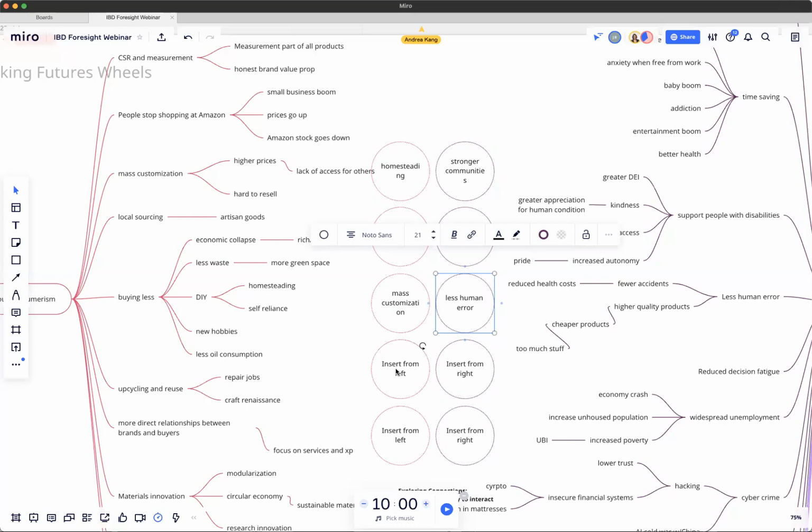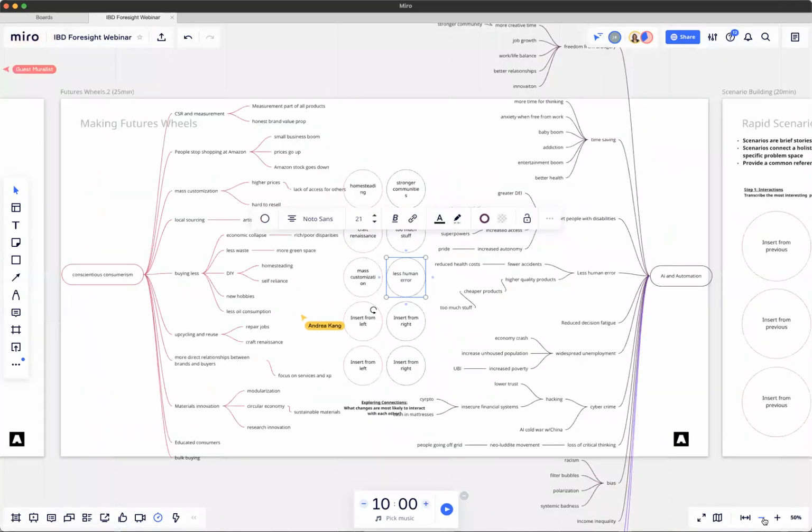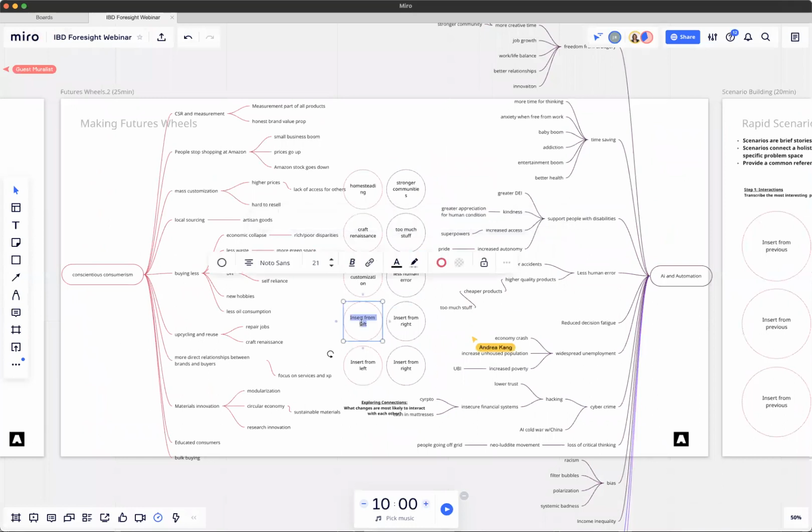What are some more unusual relationships that you might see? I could do unusual, trust me. All right, what about small business boom and crypto? Is that really unusual though? Now I'm questioning myself. What about going off grid?